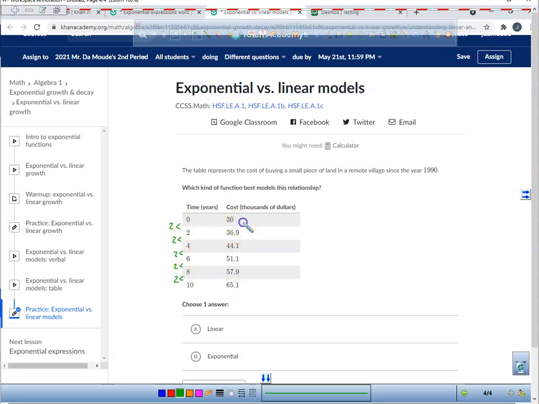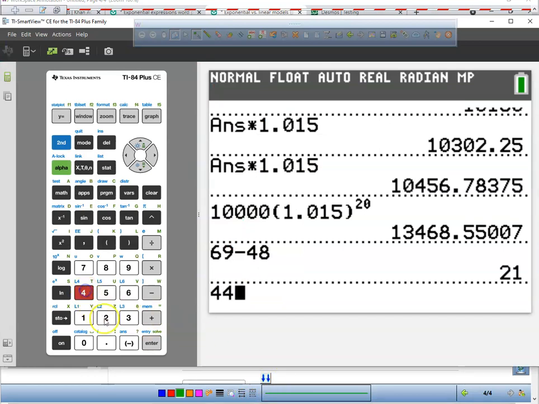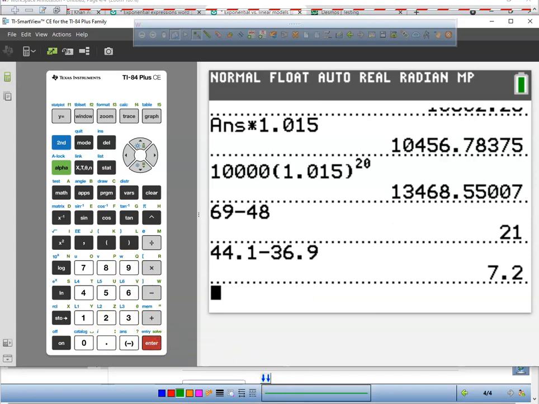Okay. This one goes up by 6.9. If I take 44.1 minus 36.9, I get 7.2.